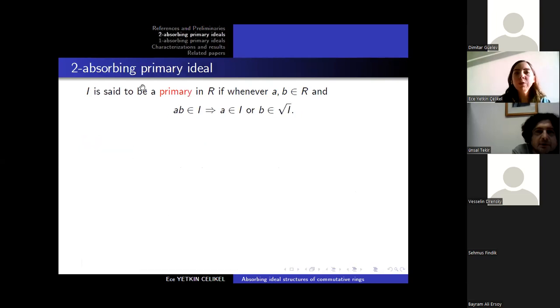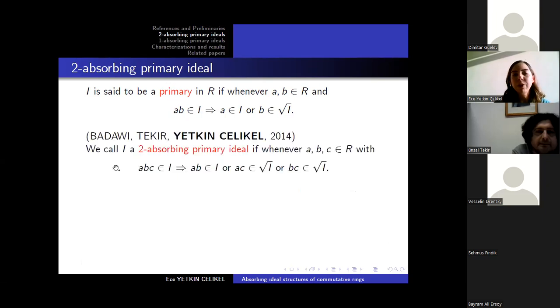So recall primary ideals now. I is said to be primary if whenever two elements A, B whose multiplication belongs to I implies that either A belongs to I, or the other one is in the radical. So now think of the generalization of this ideal.